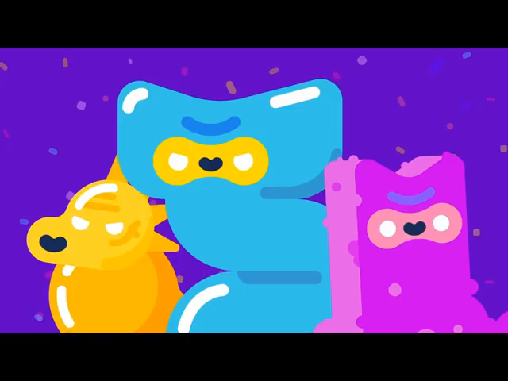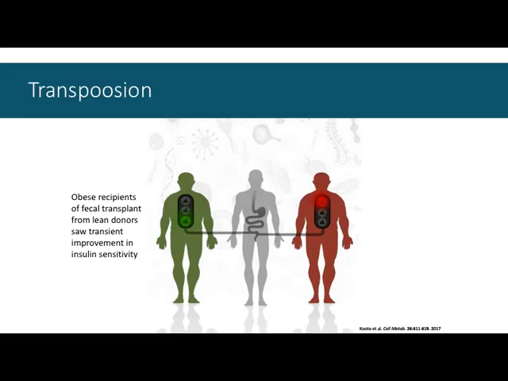So the video that I want to watch, I'll put a link online, but it has to do with fecal transplants. So I'll skip the video for now because we only have 10 minutes. And I've affectionately named this slide transfusion, which is a mix of transplantation and something else.